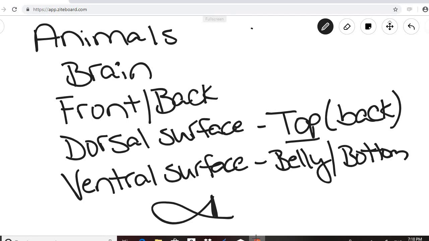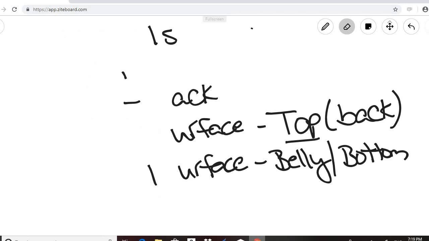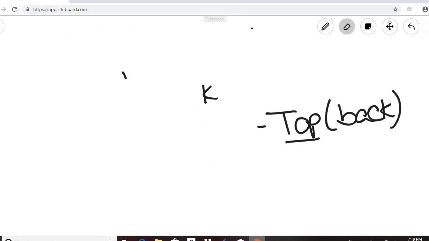Okay, so the fish, the dorsal side would be up here, the back side, and then the down side would be the ventral side. And that's going to be true of most marine animals, the upper surface and the lower surface.